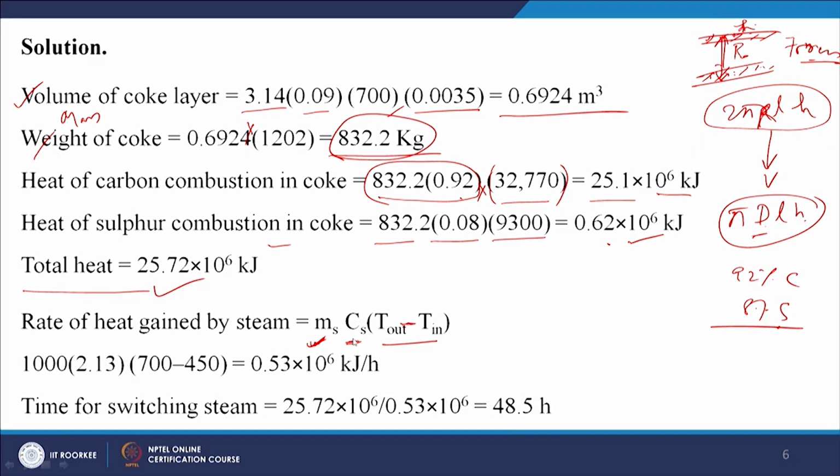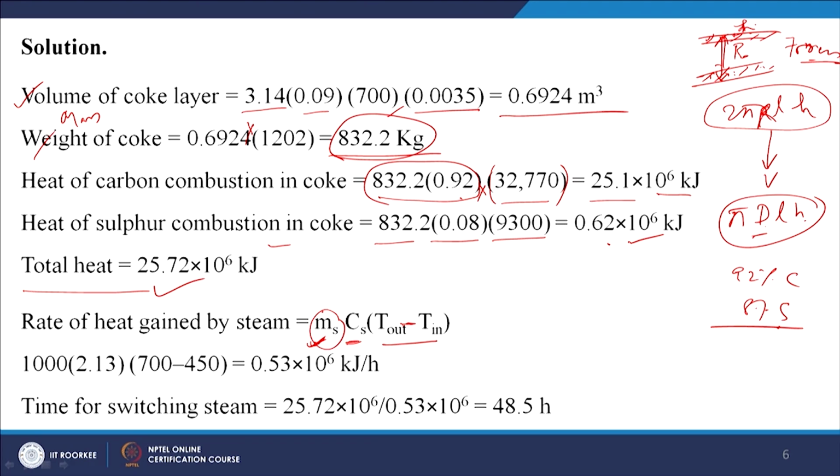Using this formula and putting in the values, we can get the rate of heat gain by steam, because this mass is related to the mass flow rate. So, the heat flow rate will be Ms Cs into T out minus T in.